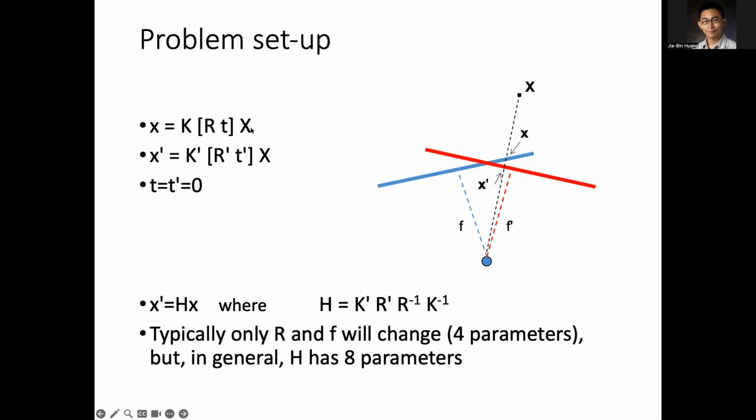And now I have a second camera, and the same 3D point gets projected on the second camera. So I have X and X1, the same point projected to image 1 and projected to image 2.